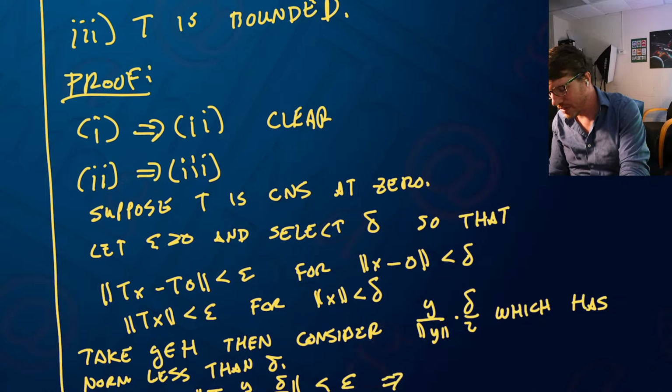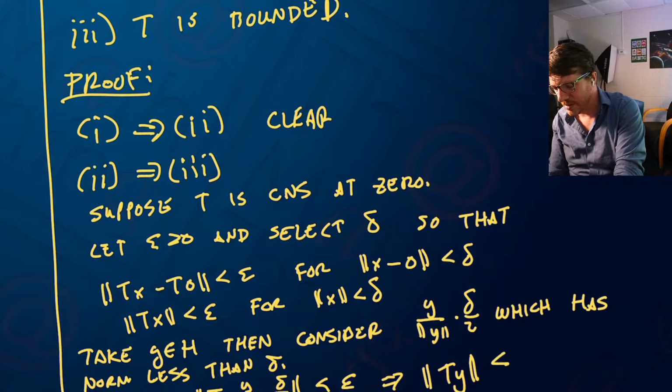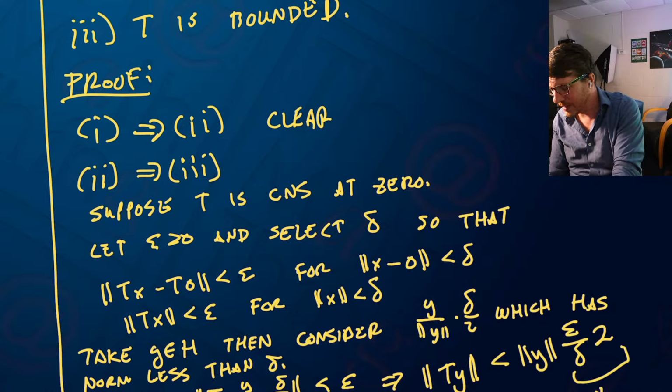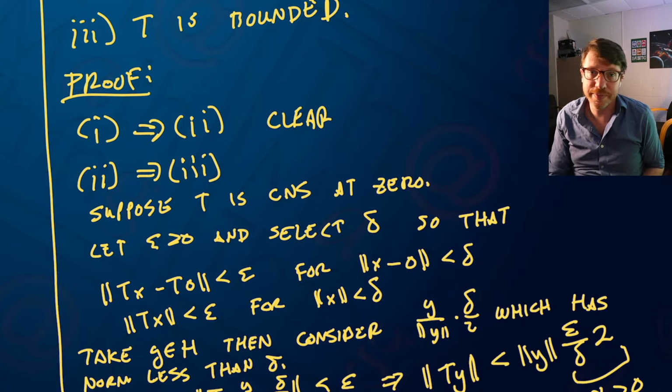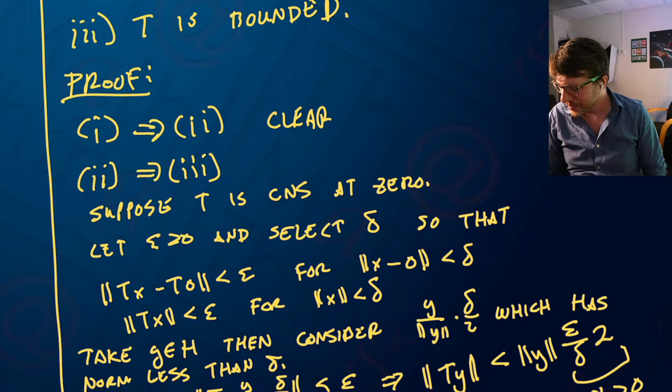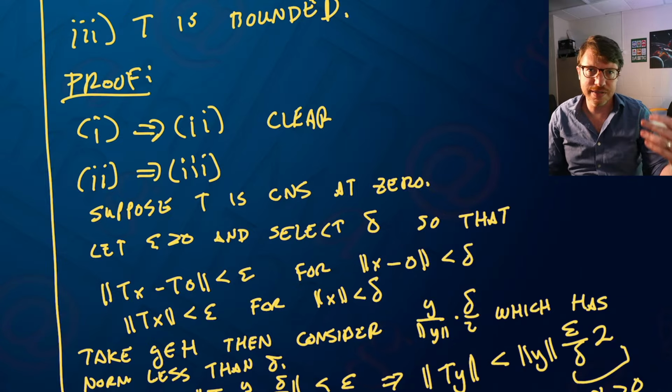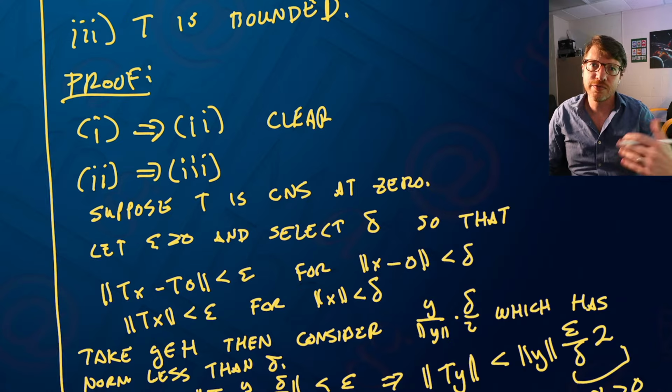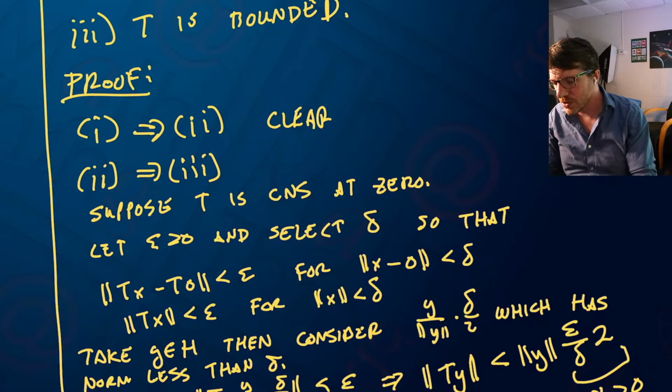And so it tells us that the norm of Ty is less than norm of y times epsilon over delta, and then times 2. And so this ends up being that c value that's greater than 0, because epsilon and delta are greater than 0. And so then, ta-da, you have boundedness. So this is arbitrary y inside of our Hilbert space, and so we got that T is bounded from the fact that it was continuous at 0.